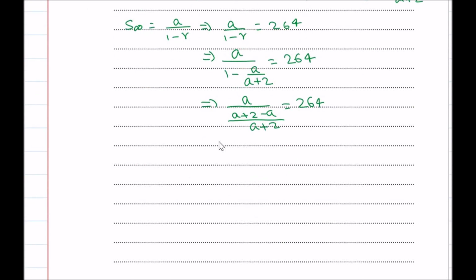Now this can be written as A times A plus 2, because A plus 2 goes in the numerator. And in the numerator, A and minus A cancelled out, so we are left with only 2. So 2 equal to 264.